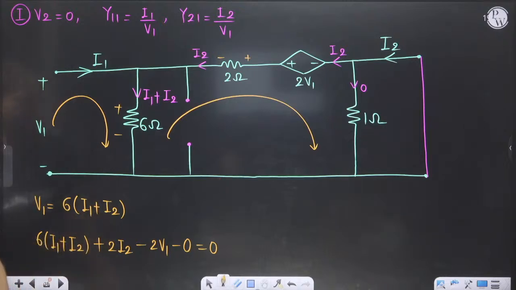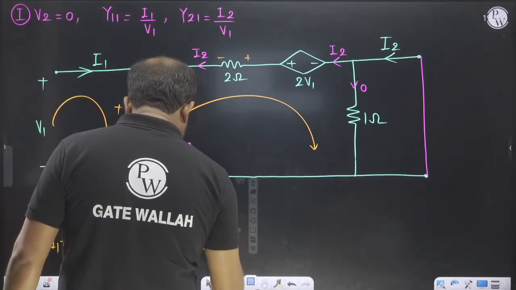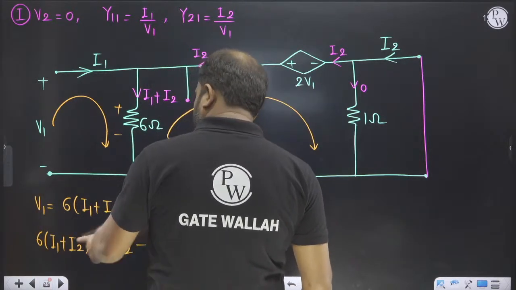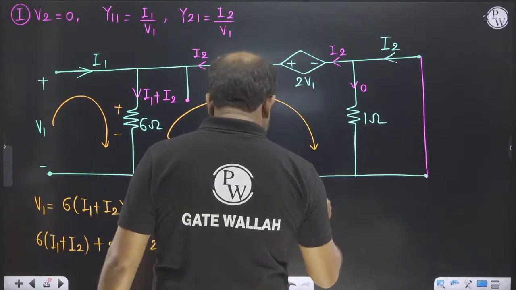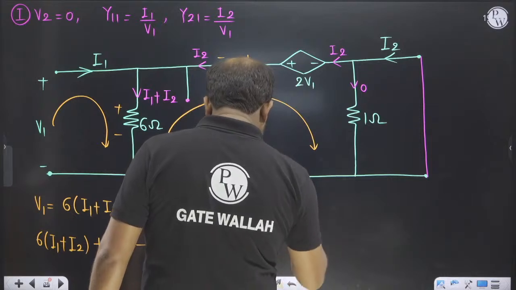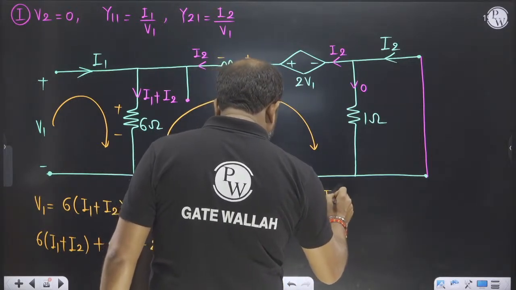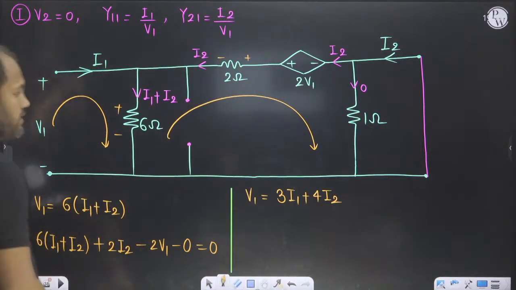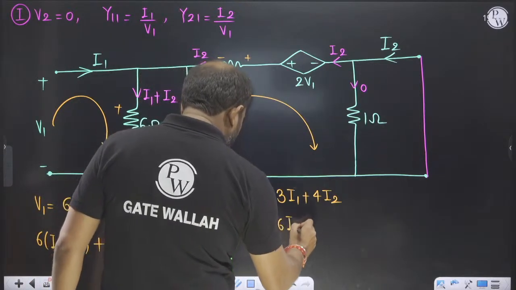So V1 is equal to 6 I1 plus 8 I2, or 3 I1 plus 4 I2. And V1 is equal to 6 I1 plus 6 I2.